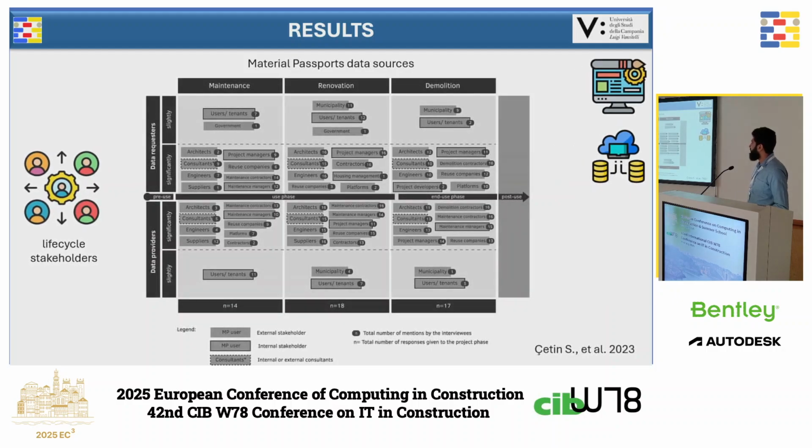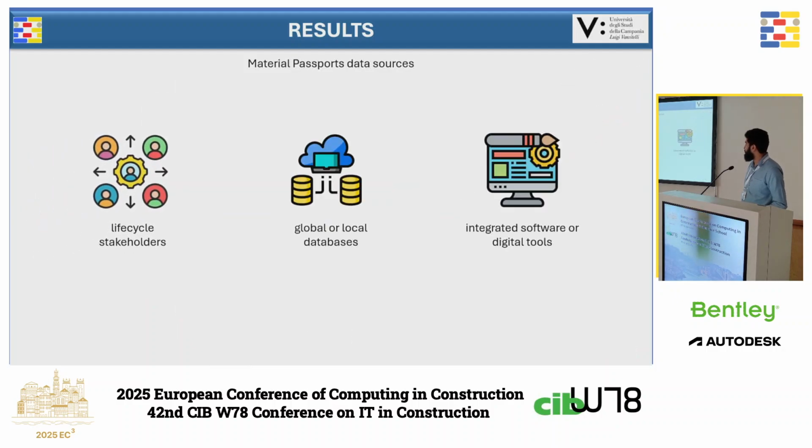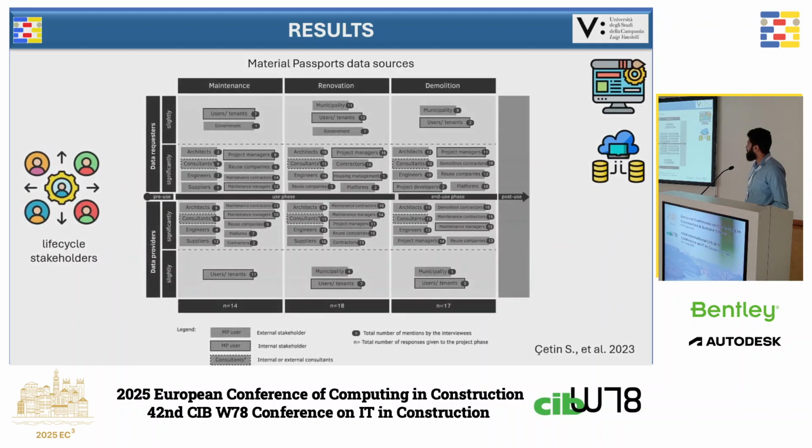This is an example of the maintenance, renovation, and demolition part of a material passport, taken from a review paper. And we have a lot of architects, consultants, engineers, even maintenance contractors and reuse companies that provide us the data that we can use within the circularity indicator assessment.